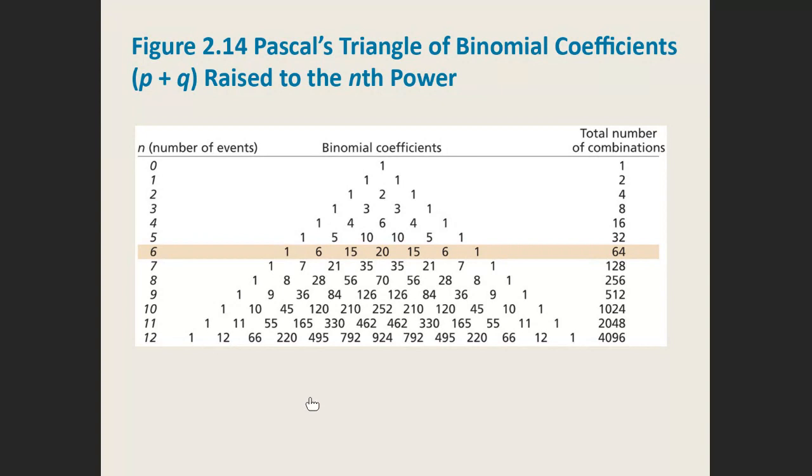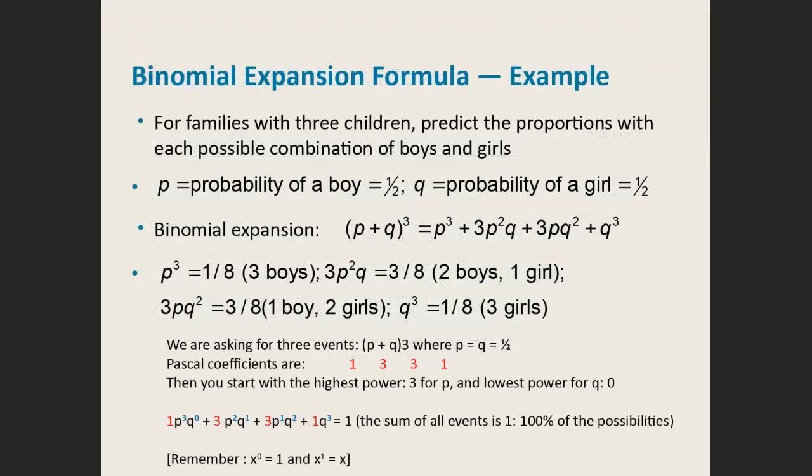So this is where I took my coefficient that I showed you in the previous slide, 1, 3, 3, 1. And you have 4 terms in that case, 1, 2, 3, 4, okay? And the next step is to develop the powers of P and Q for each expression.